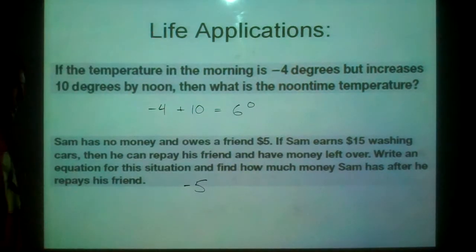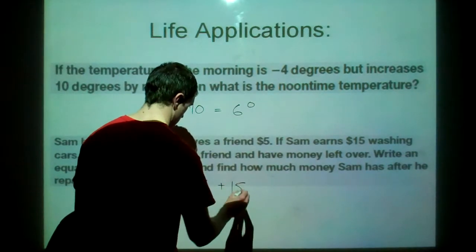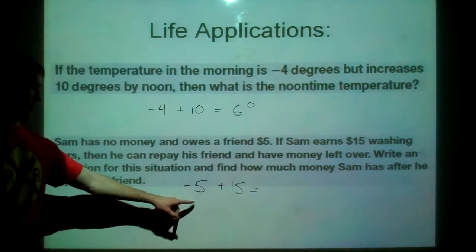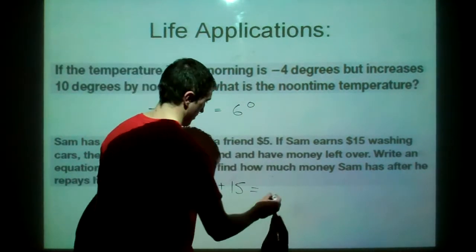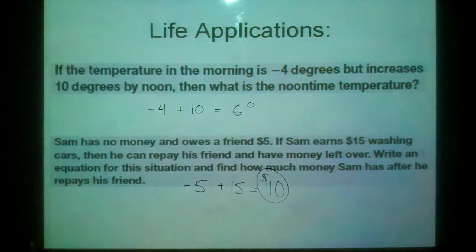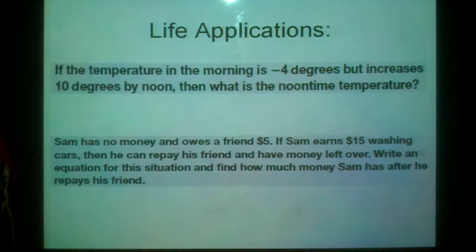But if he earns $15, that means he's up $15. But he has to pay his friend that $5. So after he's done washing cars and repaying his friend, Sam would be left with $10 after that. Okay? So these are some applications where we would use integers and adding them in real life.